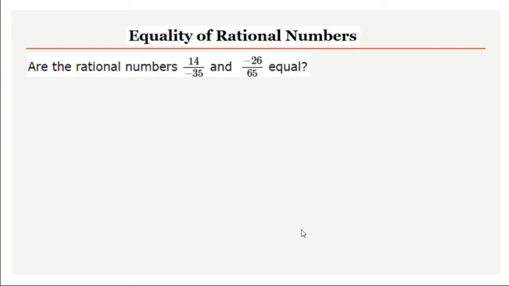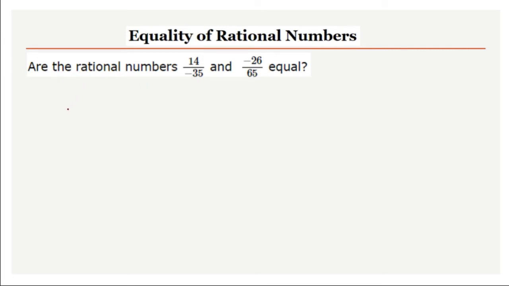Now there's a question how to check whether the given rational numbers are equal or not. There are 3 different methods to check whether the rational numbers given are equal or not. The first method is expressing both the rational numbers in the standard form.